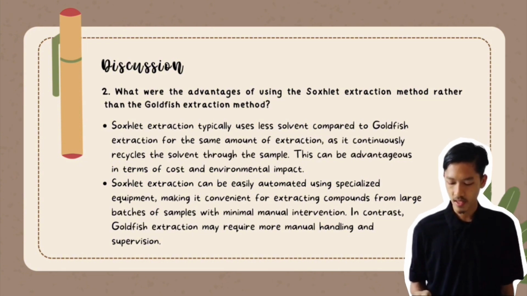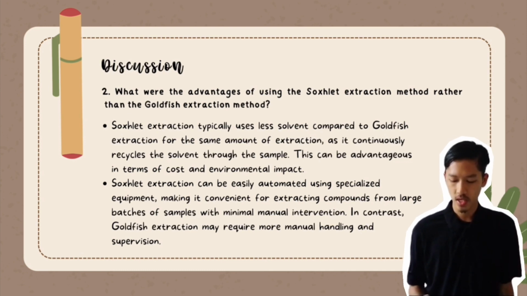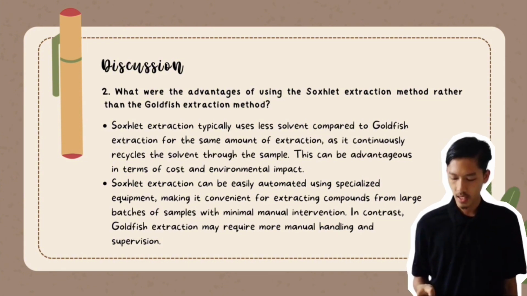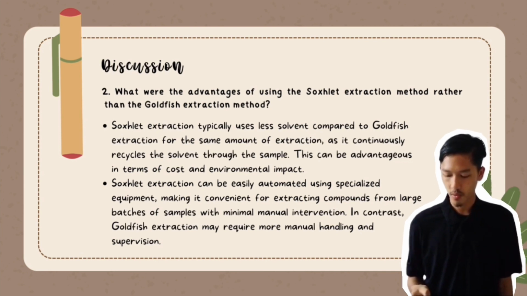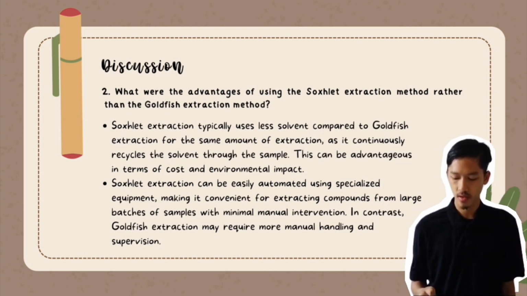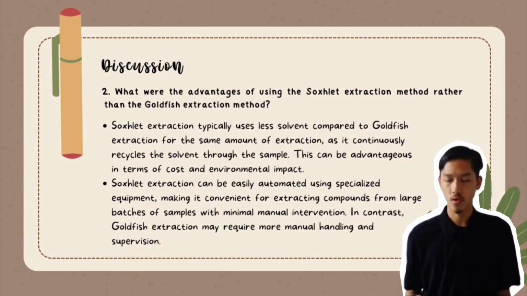This can be an advantage in terms of cost and environmental impact. Okay, for the next point, Soxhlet extraction can be easily automated using specialized equipment, making it convenient for extracting compounds from large batches of samples with minimal manual intervention. In contrast, Goldfish extraction may require more manual handling and supervision.